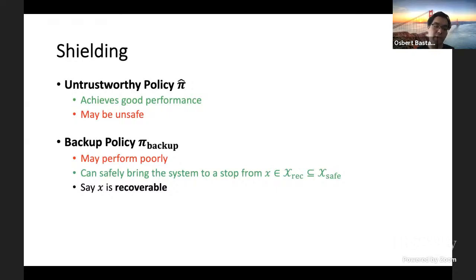We're also given a backup policy pi backup, and pi backup might perform quite poorly, so it's not going to be good at achieving the goal. But in contrast to pi hat, we know that it can safely bring the system to a stop from some subset of states, which we denote by X recoverable. We refer to this subset of states as the set of recoverable states.